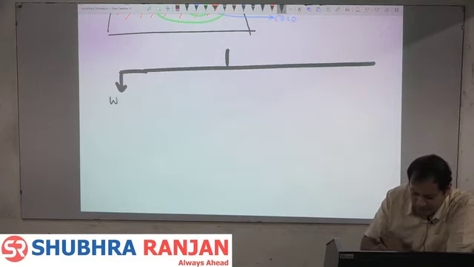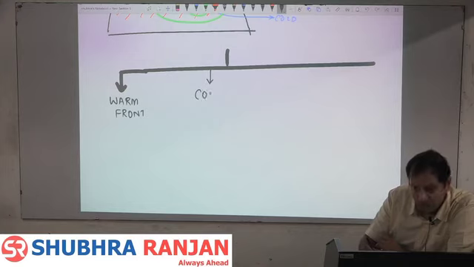We'll classify the front into warm front when the warm air goes into the territory of cold air. We'll classify the front into cold front when the cold air will go into the territory of warm air.